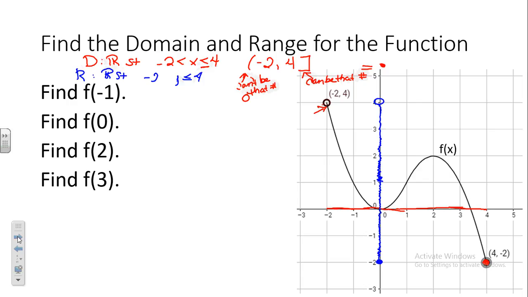So negative 2 less than equal to y and plain old less than 4. Good catch. And so therefore, we can be negative 2. We want a square bracket here, and we want an open parenthesis on the 4 side.